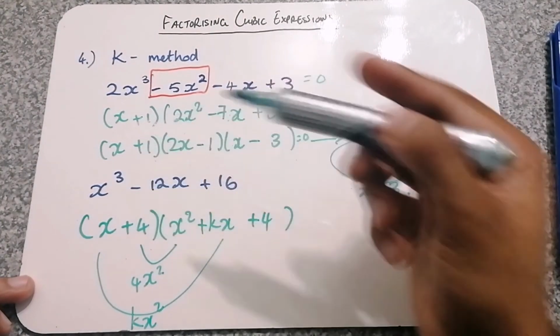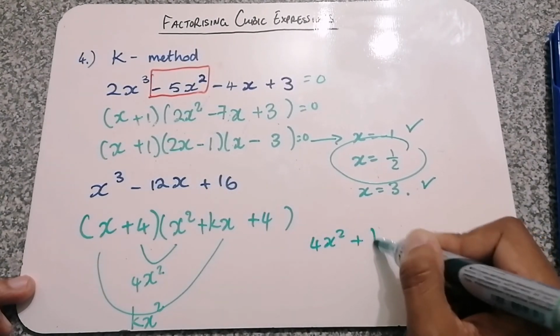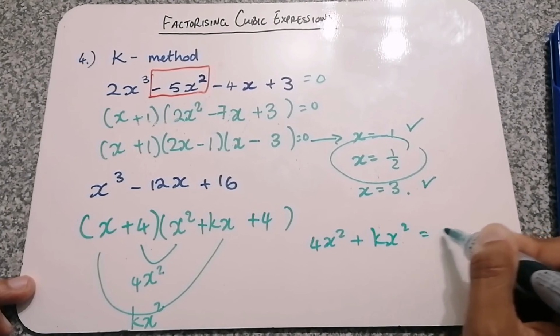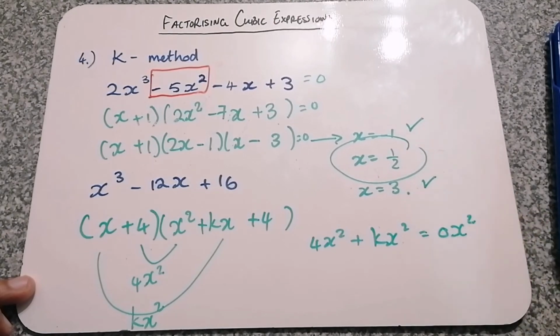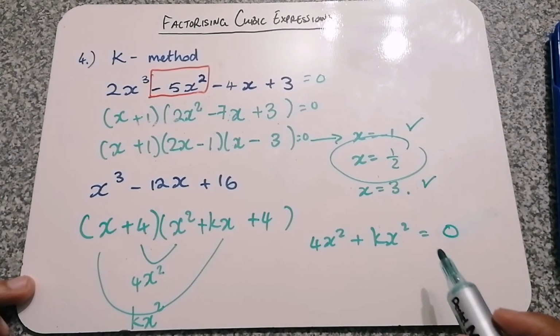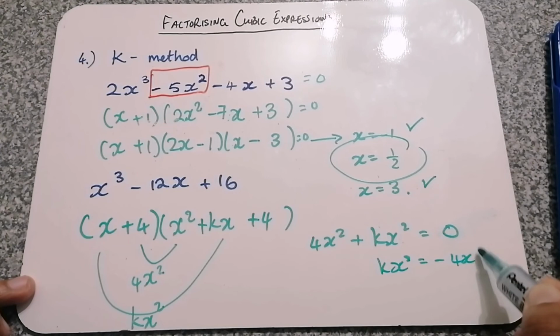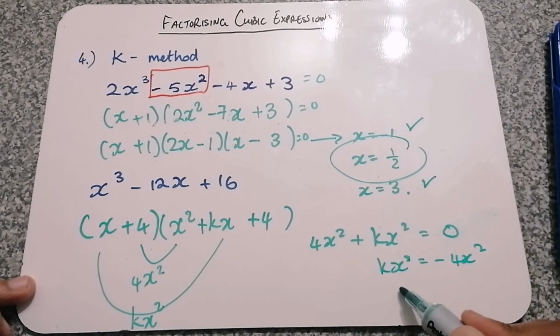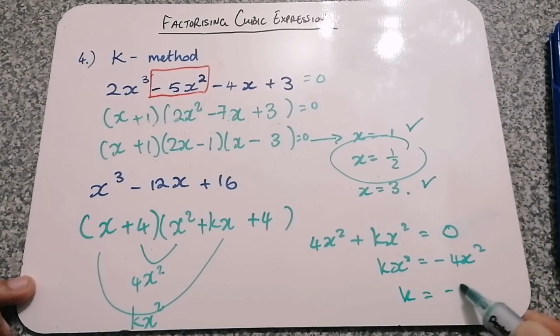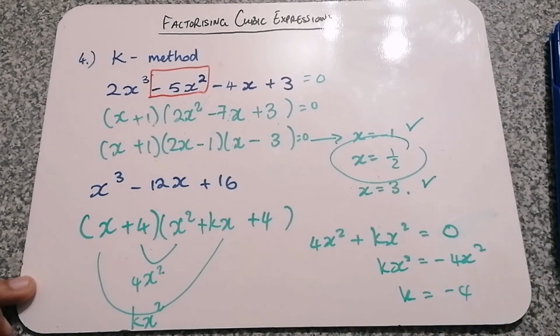Now there's a 0x squared here, so we know that 4x squared plus kx squared is equal to 0x squared, or just 0. Therefore, kx squared is equal to negative 4x squared. If I take that across and divide by x squared on both sides, k is equal to negative 4. Let's substitute that here and factorize further.